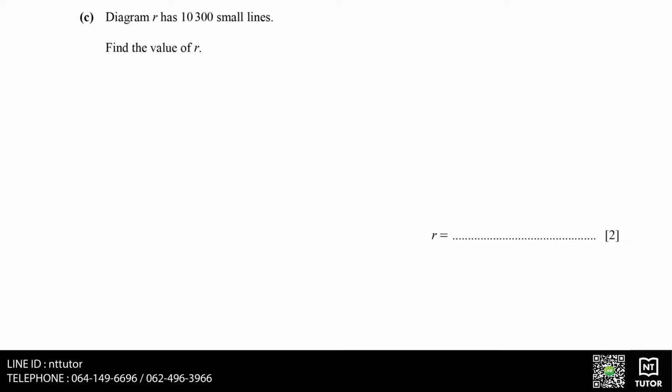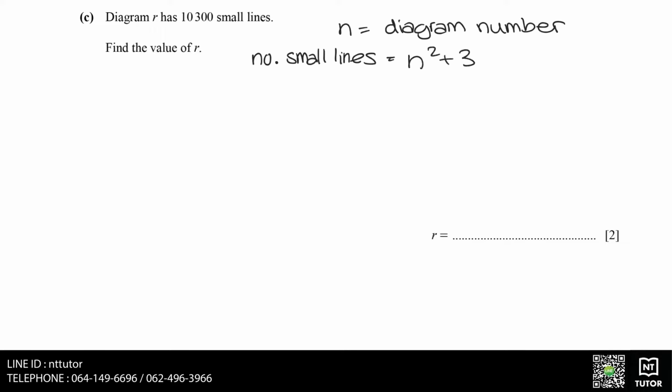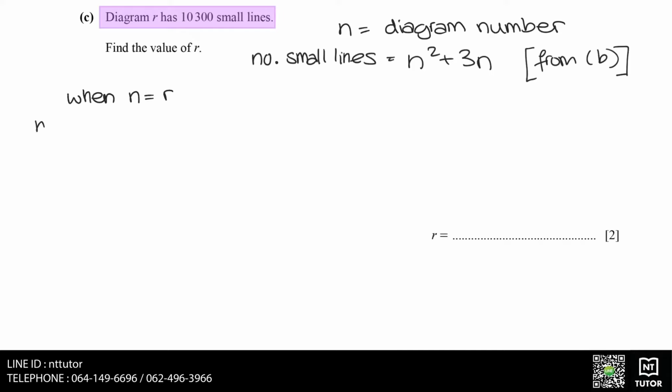Diagram R has 10,300 small lines. Find the value of R. From part B of the question, for n equals diagram number, the number of small lines equals n squared plus 3n. Diagram R has 10,300 small lines means that when n equals R, the number of small lines must equal 10,300.